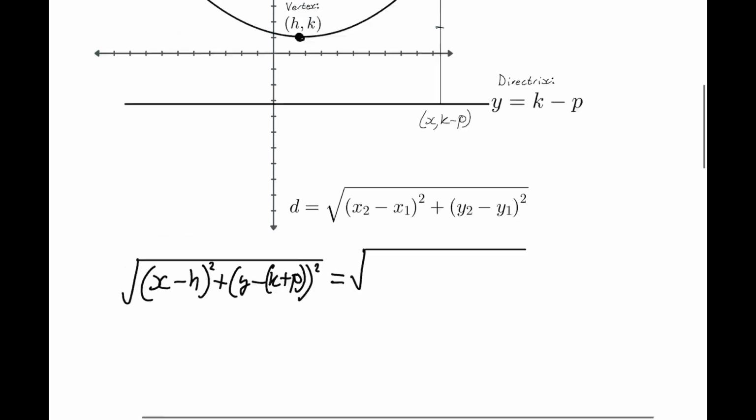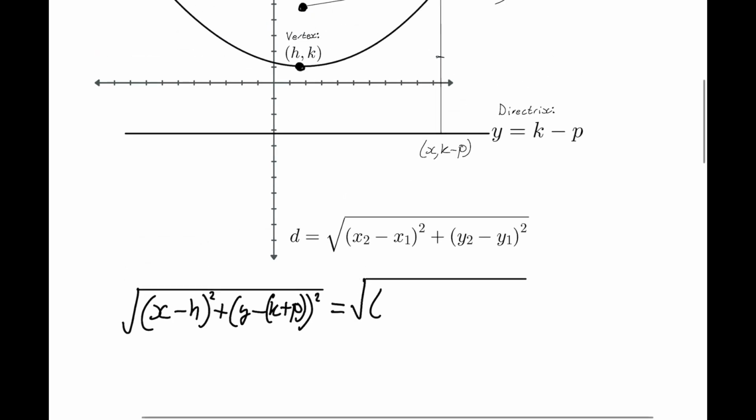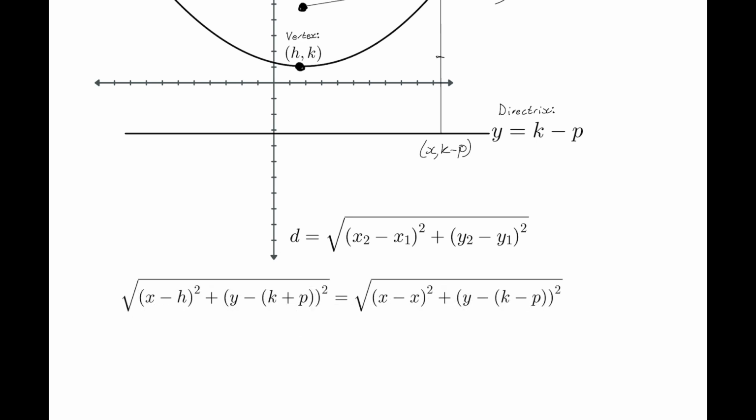And here for the second distance, we have (x minus x) squared plus (y minus (k minus p)) squared. So now we have something we can work with.